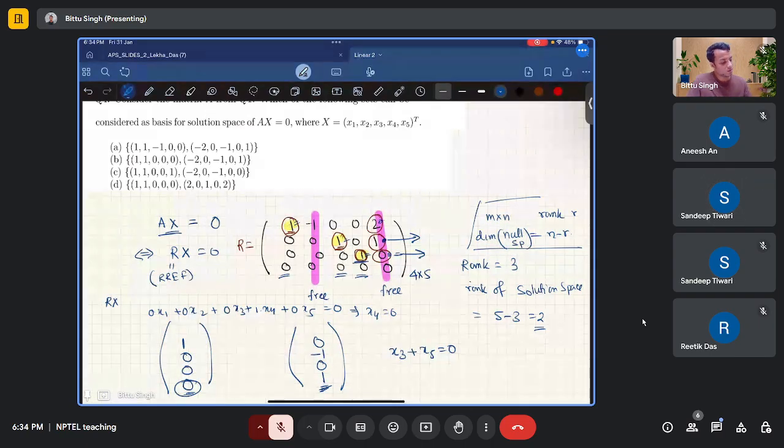Now let us use the first row. So from the first row we are getting x1 minus x2 plus 2 times x5, which is 0. So if you put all those choices here, for the first one, x2 is 1. So you are getting x1 minus 1 plus 0 equal to 0.